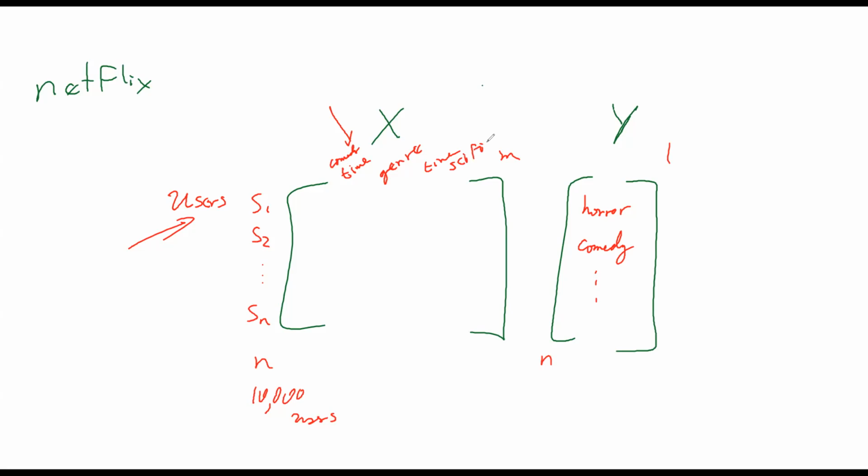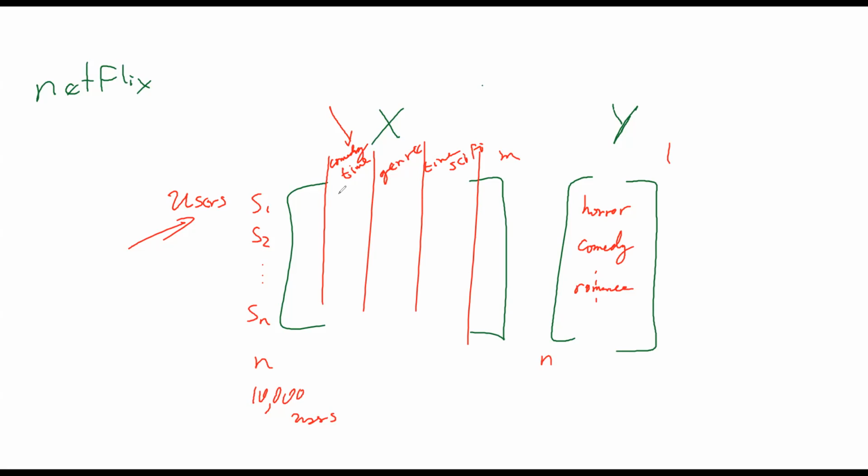Yeah, that's what I put in my homework. I had time spent watching comedy, and then time spent watching each one of the genres, and those would also be in the feature vector.